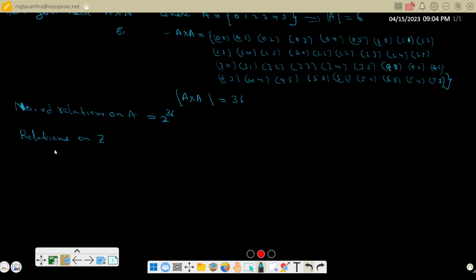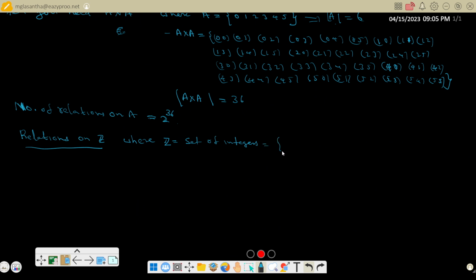Relations on Z, where Z equals the set of integers.